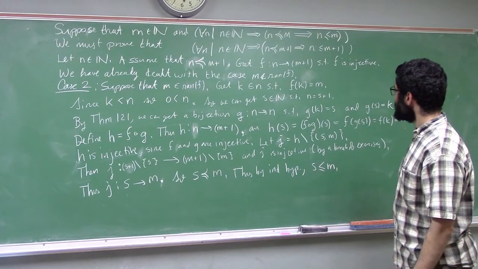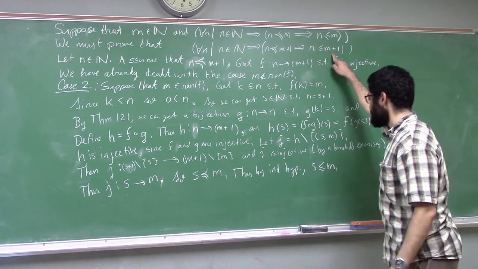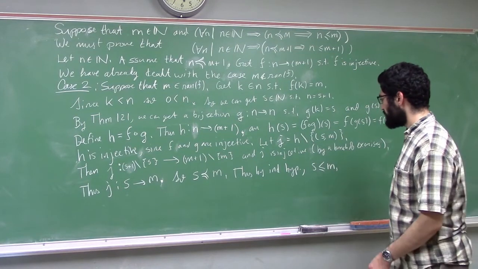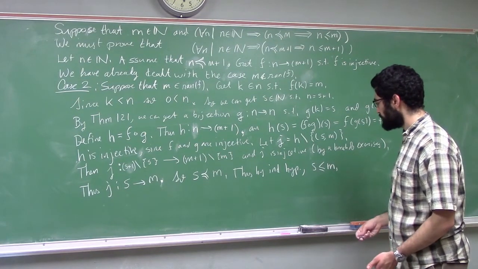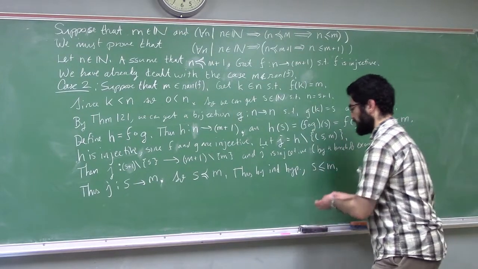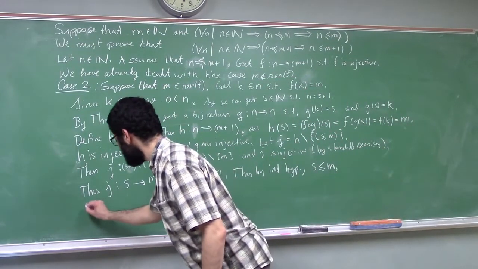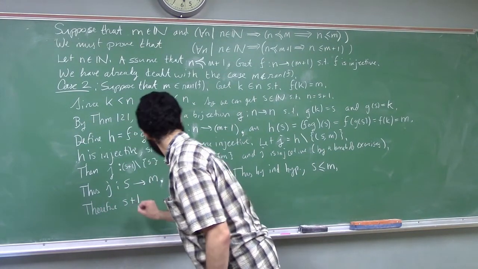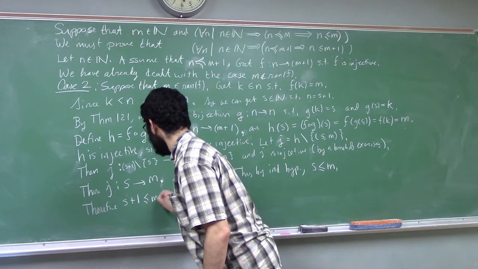Is that what we needed? We needed n less than or equal to m plus 1, right? But add 1 to both sides of this. We can do that. Why can we do that? So that, let me write it down and then justify it. Therefore, S plus 1 is less than or equal to m plus 1.